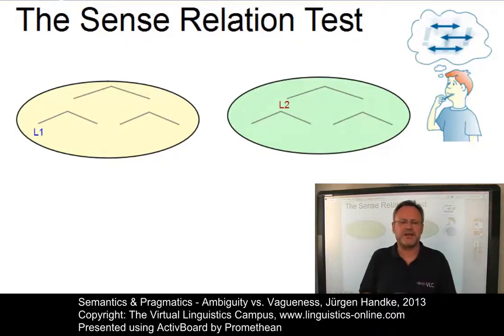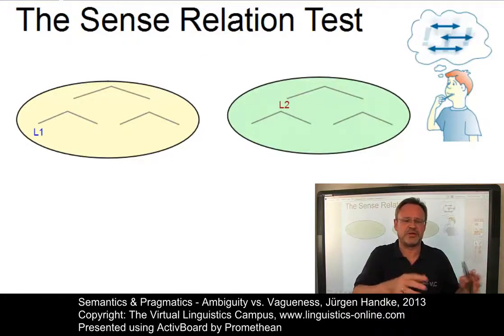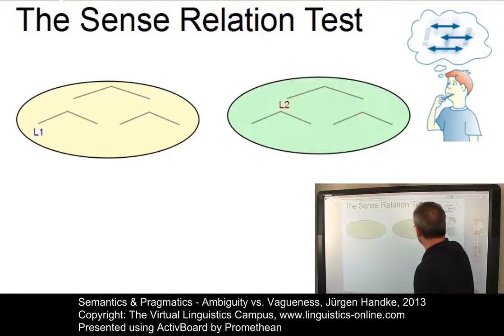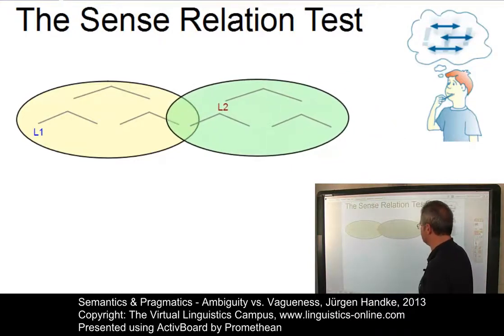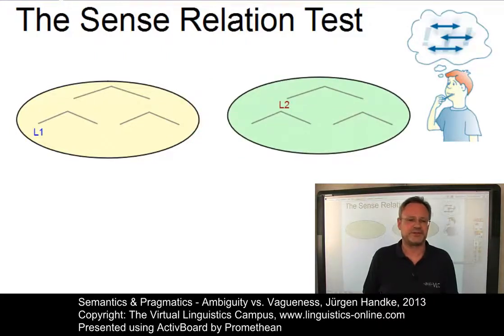Two lexemes are claimed to be ambiguous if they have genuinely independent sense relations. That is, one sense is in a network of relations with certain other lexemes, and another sense is in a different network, and there's no overlap. So this here is impossible. Let us illustrate this.